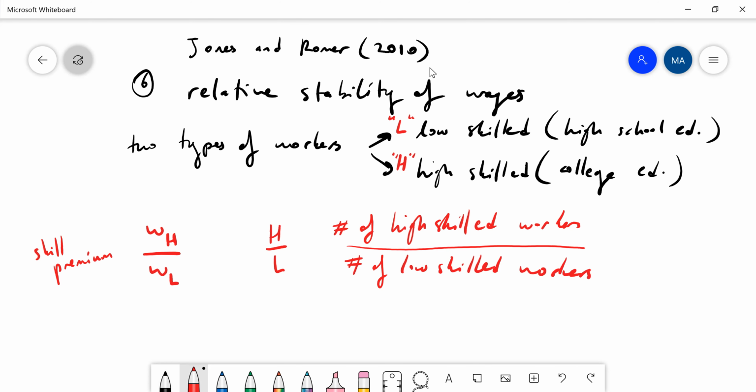Now, what we observe here is that this is increasing. Okay, so this variable is increasing. Let's look at the US. In the US, this variable is increasing. What does this mean? More people are getting college education, right, over time.